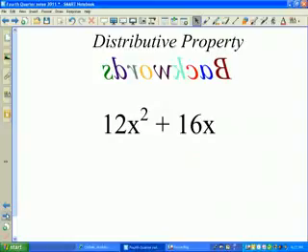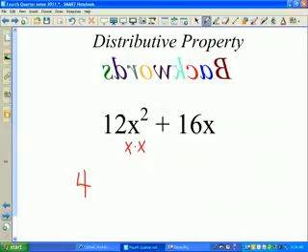Once I get my greatest common factor, which is 12 and 16, what will be the greatest common factor? So the greatest common factor is a number that goes both into 12 and 16. So I know a lot of people want to say 2 right off the bat. But is 2 the greatest? No. How about 4? 4 will work for 12 and it will also work for 16.